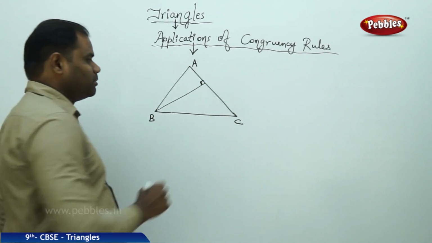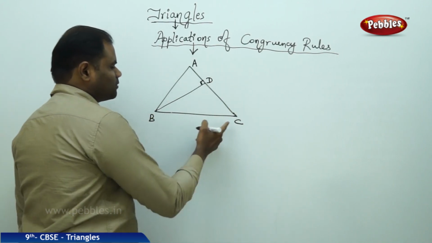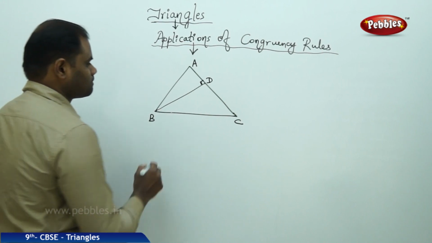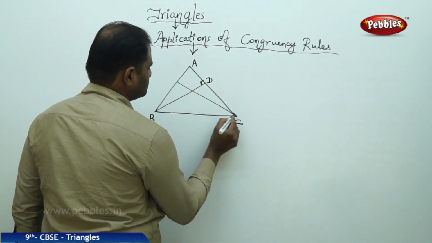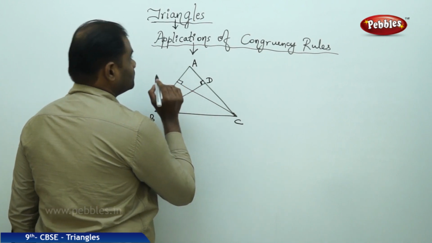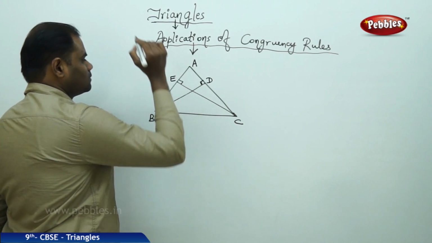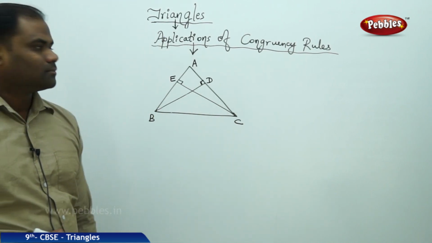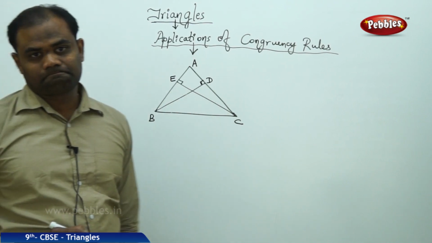The altitude from B to AC is BD, and similarly let me drop an altitude from C to AB. So I have an altitude which is CE. That is how I understand the altitudes BD and CE.